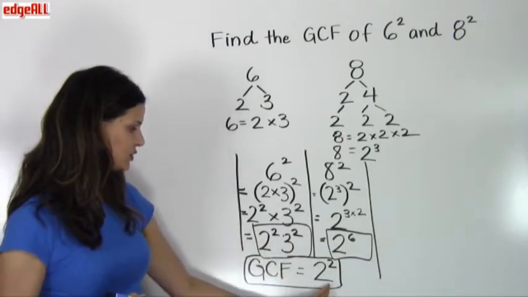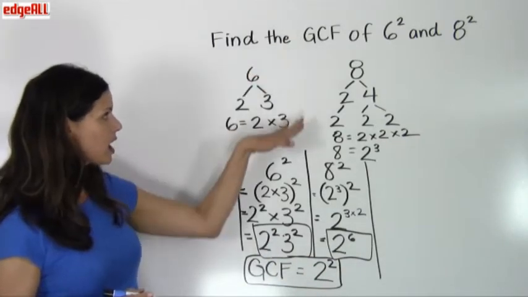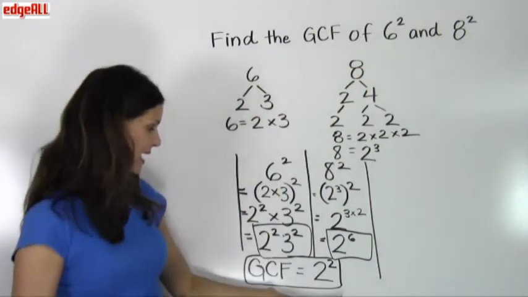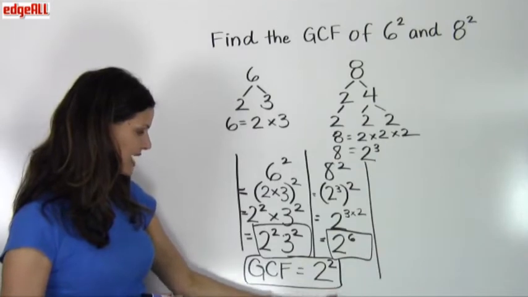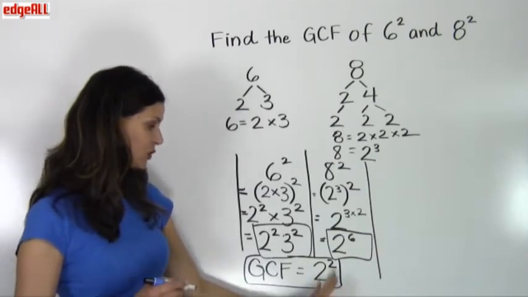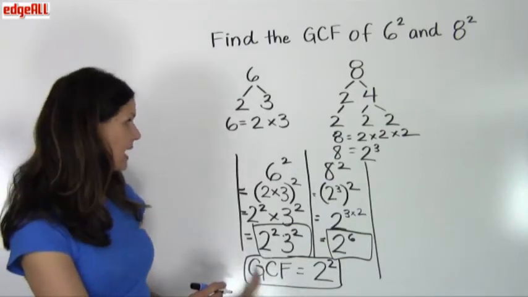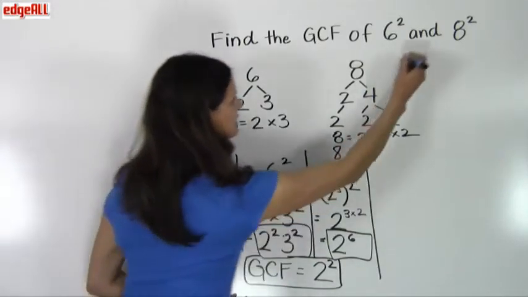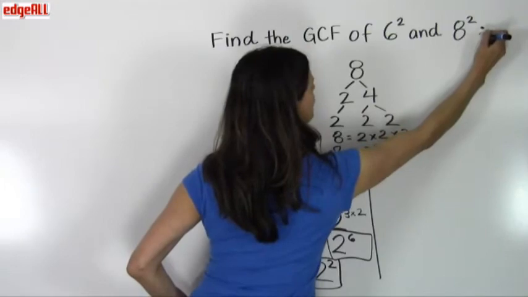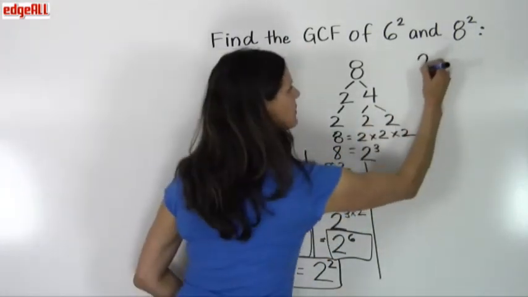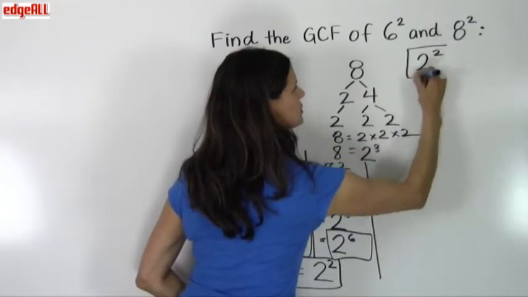Now when I'm working on a problem that has exponents, the way to report my answer is to remain in exponents. So I would say in this problem, find the greatest common factor of 6 squared and 8 squared, I would report my answer as 2 squared.